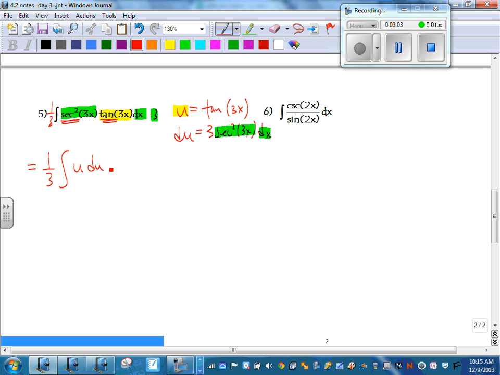So now that's a real simple integral that we can do the antiderivative of. Add 1 to the exponent, so we get u squared. Divide by 2, or multiply by 1/2, we get 1/6 u squared plus c. So that's 1/6 times tangent squared of 3x plus c.